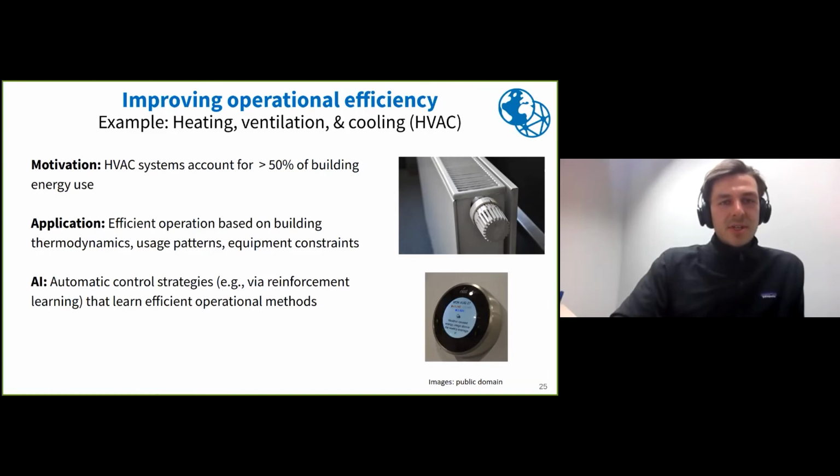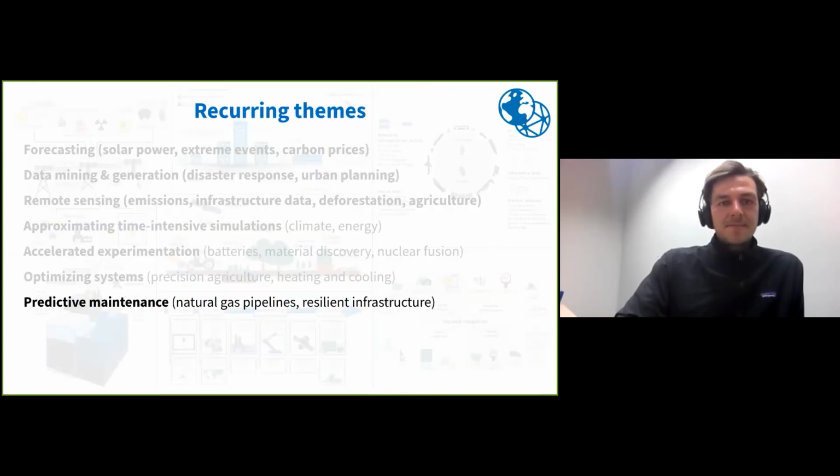They contribute over 50% of the energy use. And using automatic control strategies, turning the heating on and off when necessary at the right temperature, can be learned with machine learning, for example, with reinforcement learning, and thus reducing the energy consumption by buildings.